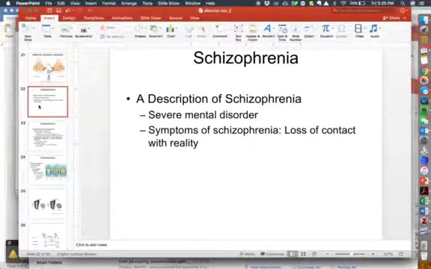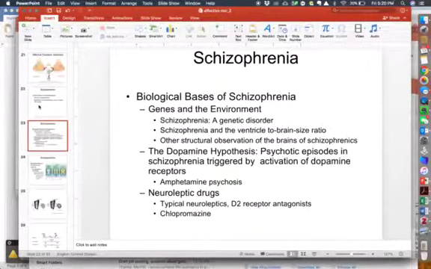But in terms of schizophrenia and the components that are the biological bases of it, there's some evidence through twin studies and even some genetic studies that seem to correlate with schizophrenia. And so that's one type of thing we have here, a genetic disorder.